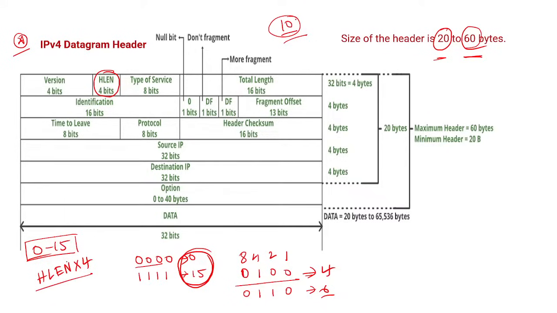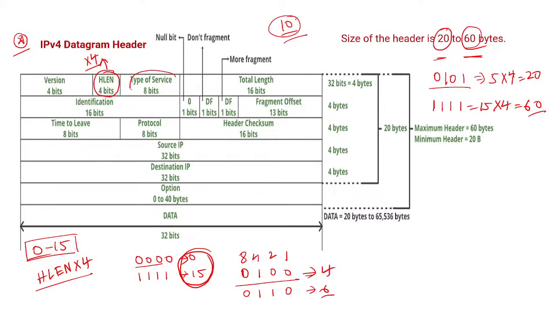The minimum is 5, that is 0101. If you take 5, then 5 multiplied by 4 will be 20. Maximum you can get 1111, that is 15, and 15 multiplied by 4 gives 60. So always remember, multiply the header length with 4 to get the original header length.